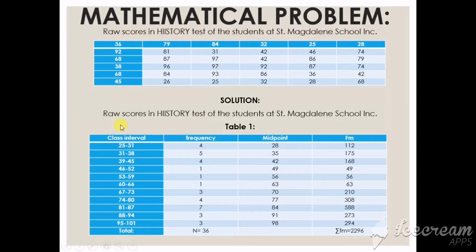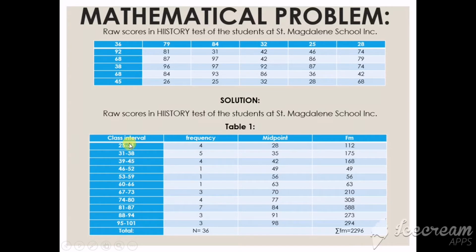So here we have 25 to 31, 31 to 38, 39 to 45, 46 to 52, 53 to 59, 60 to 66, 67 to 73, 74 to 80, 81 to 87, 88 to 94, 95 to 101. So we are going to get the frequency of this table by looking at the given data here.